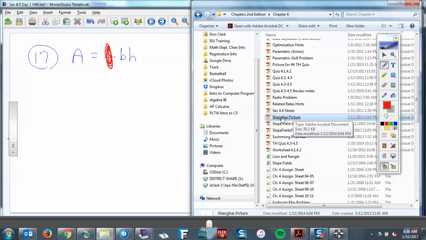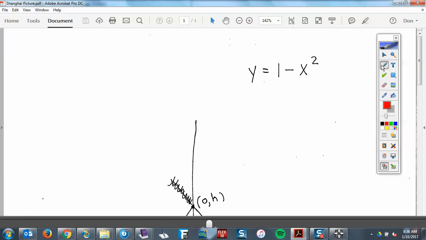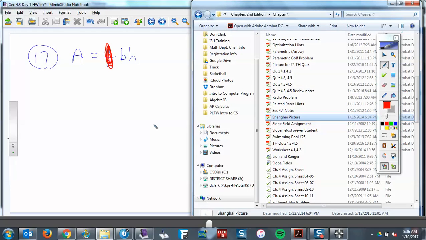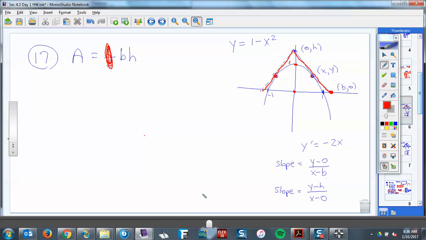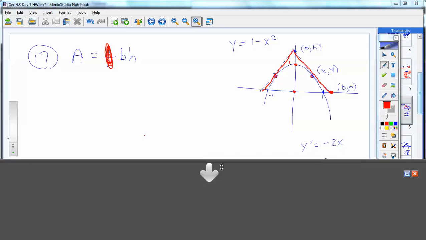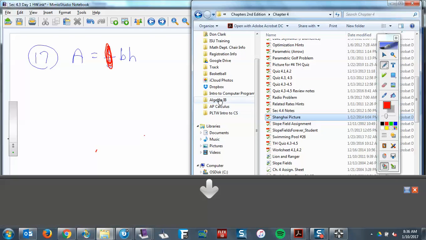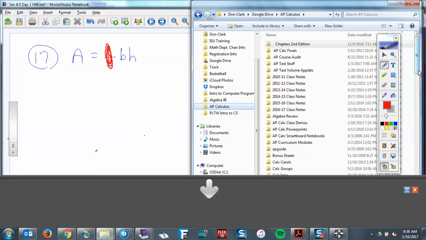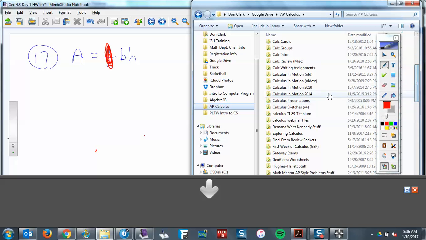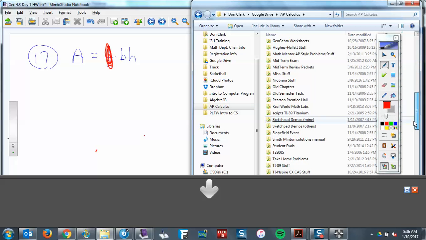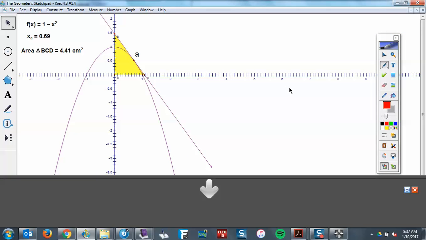Shanghai picture. Yeah, that's the same picture thing. I don't know where that is now. Okay, anyway, I guess I'll have to look that up. Yeah, I know where it is. There it is. Right there.